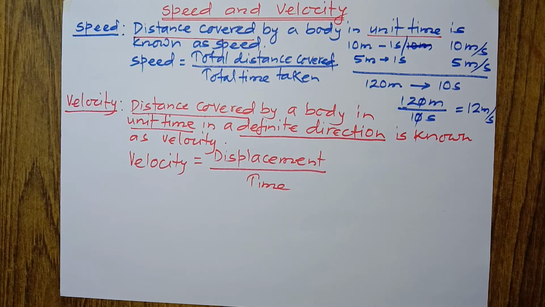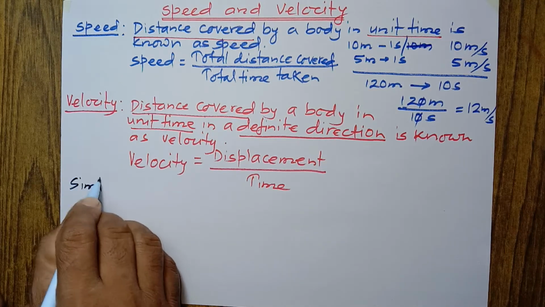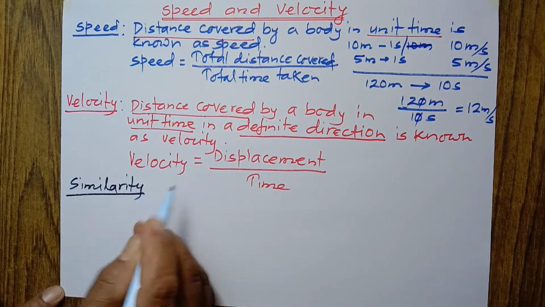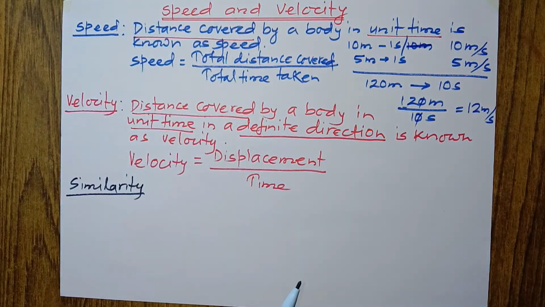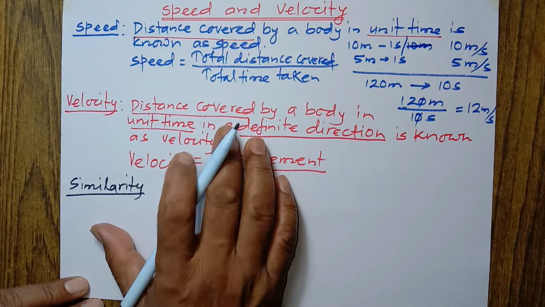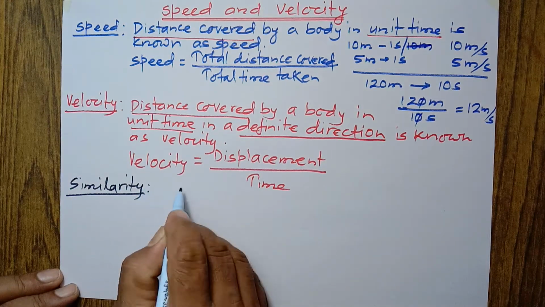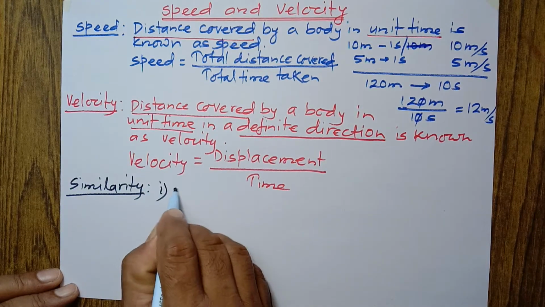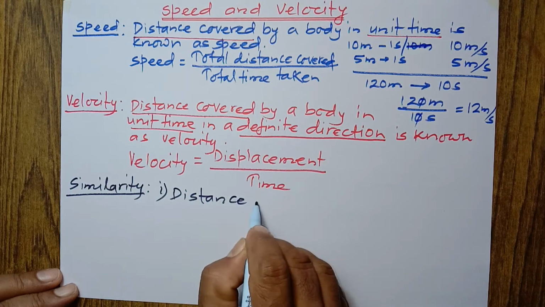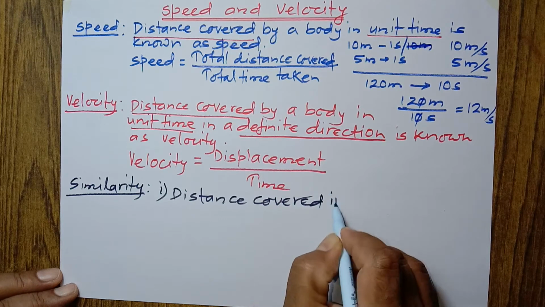Now let's talk about similarity first. What are the similarities between them? We can say that both are distance covered in unit time. Both are what? Distance covered in unit time.